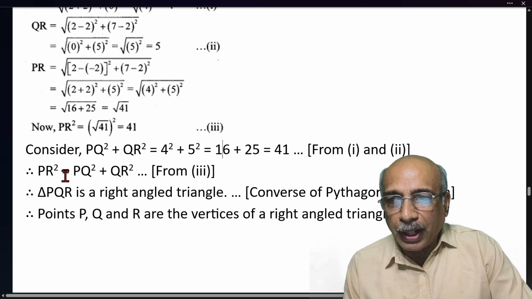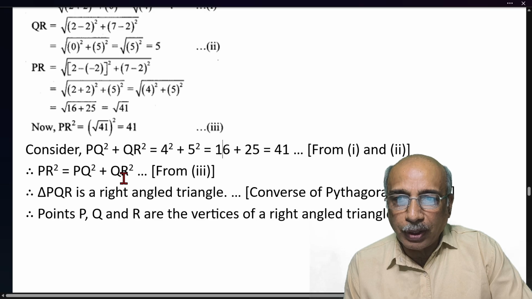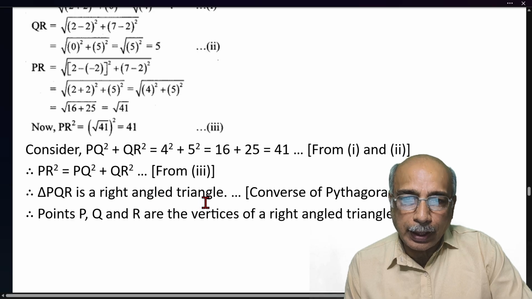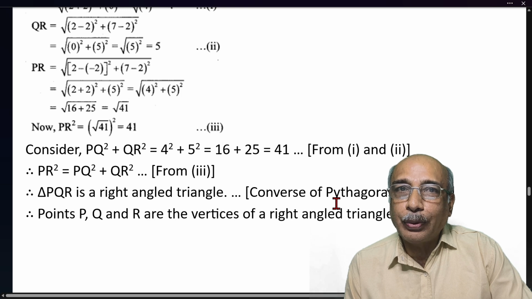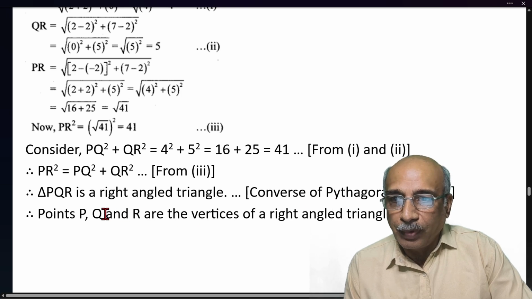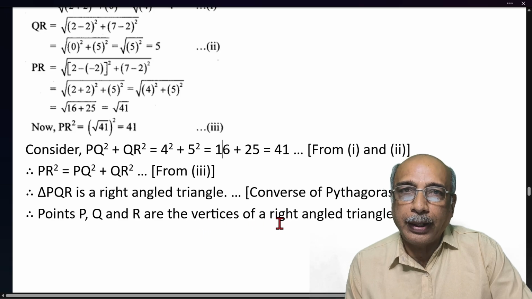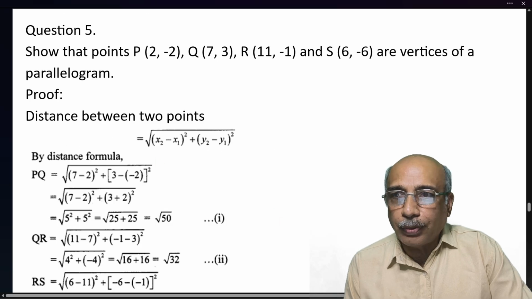So here PR square equals PQ square plus QR square from 3. Therefore, triangle PQR is a right angle triangle. The reason for this is the converse of Pythagoras theorem. Therefore, points P, Q and R are the vertices of a right angle triangle. Next question.